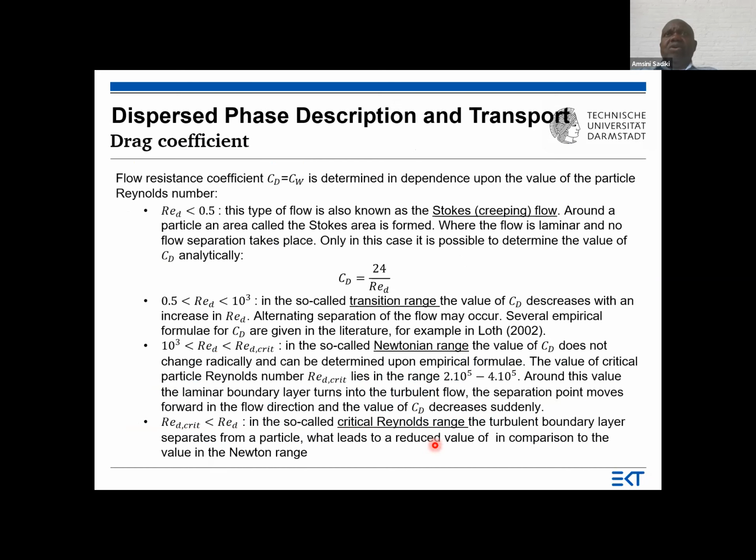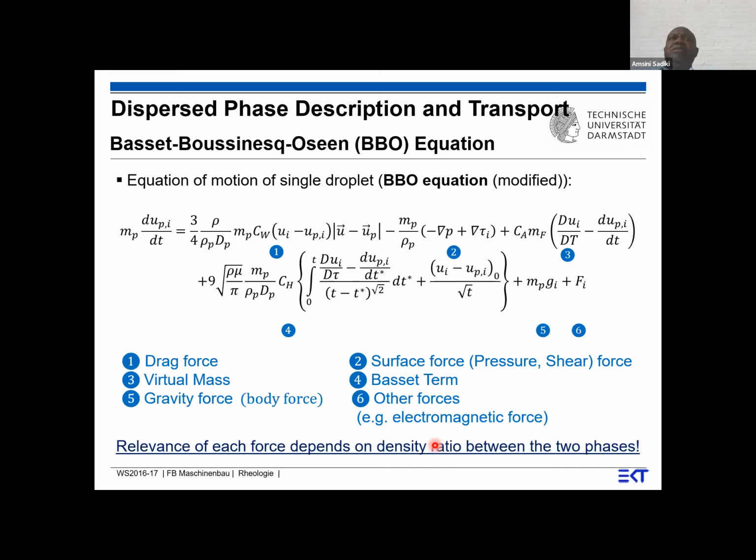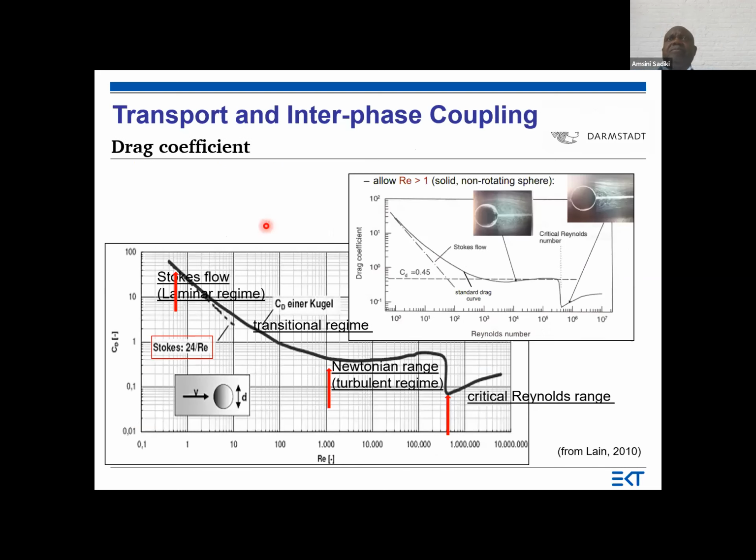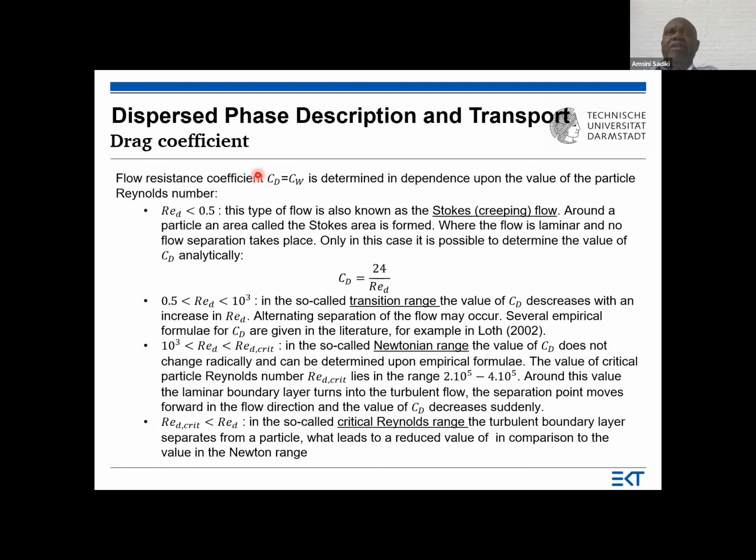Let us now go into details on these expressions. I will focus first on the evolution of the drag coefficient. This drag coefficient, we call either with D for drag, or here I call it with W, as in German, Widerstand.